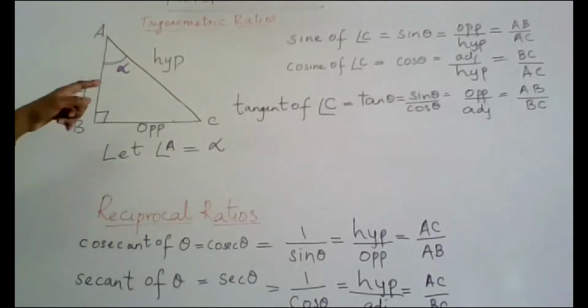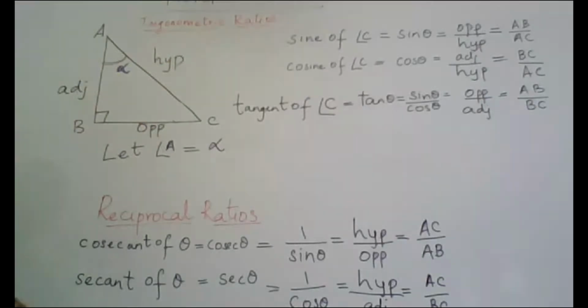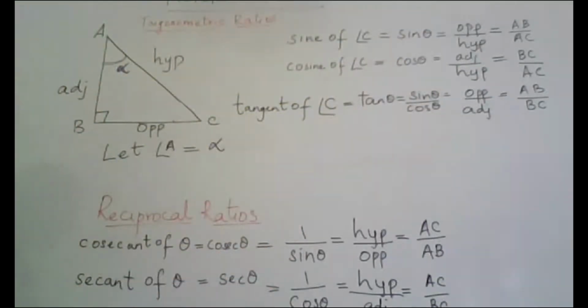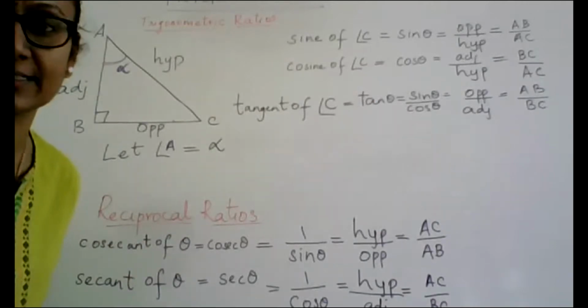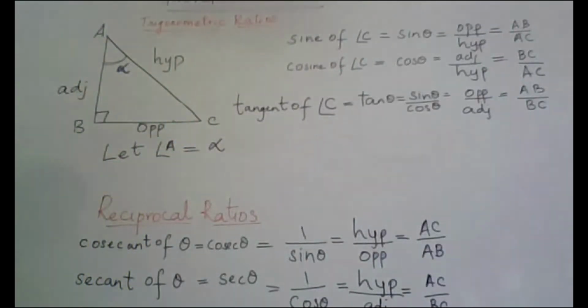Once you have identified the hypotenuse, the opposite and the adjacent sides, writing these ratios will become obvious. Please go on and write it. Get back to the screen. Now you just have to make the changes.